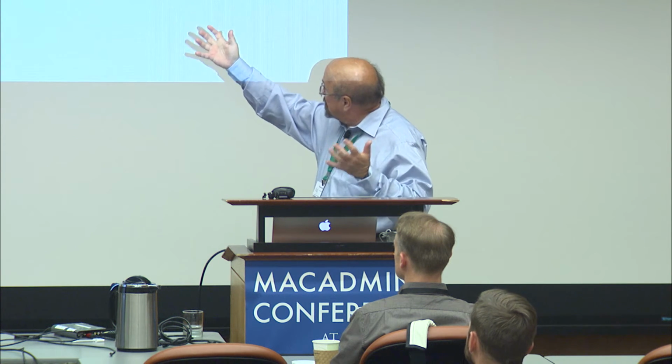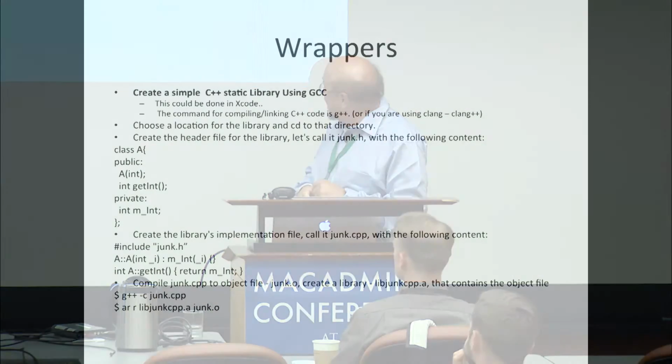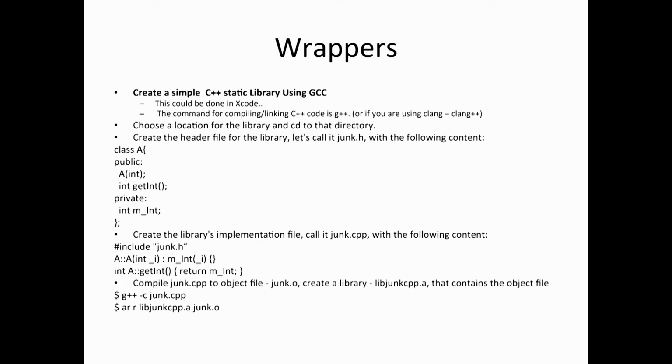Here we're just creating a simple class, and we're getting an integer, getting private. Everybody's seen this really simple small piece of code. So class A, public, and then you create the library's implementation file. We put in something called junk.h, the header files for that, and your standard content. You compile it for C++ and link it.